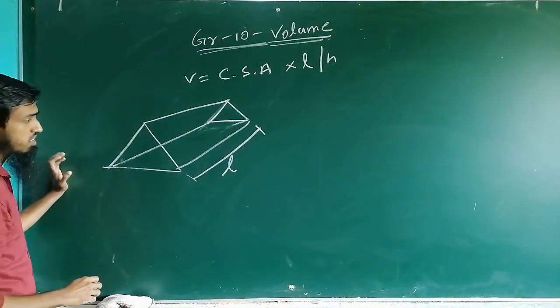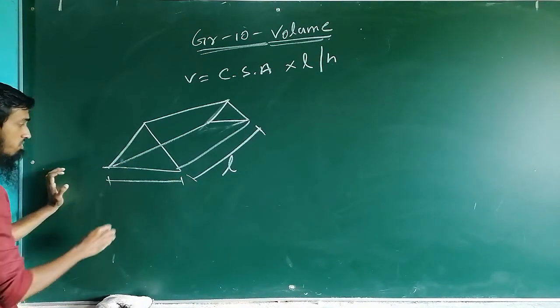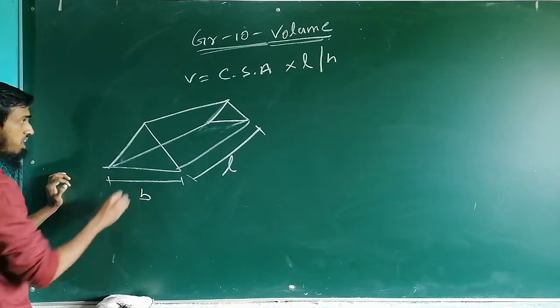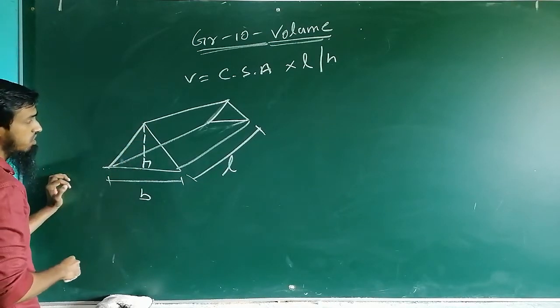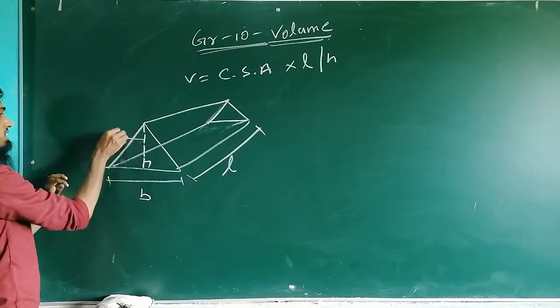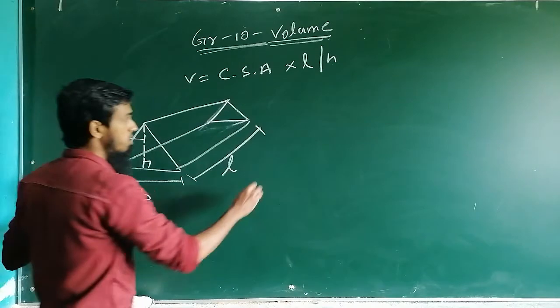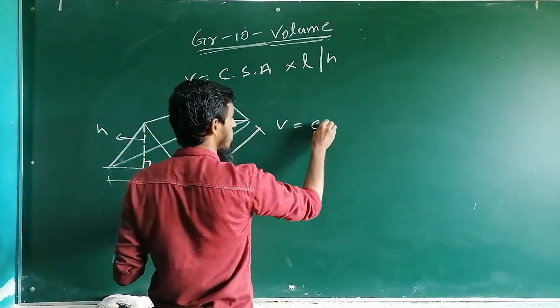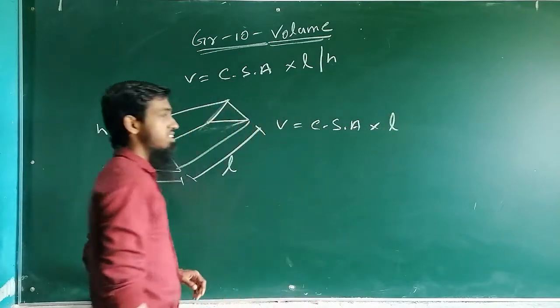The length of the prism is L, the base of the prism you can take as B, and the perpendicular height of the face of the triangle we can make as h. So the basic equation: V equals cross-sectional area into length.